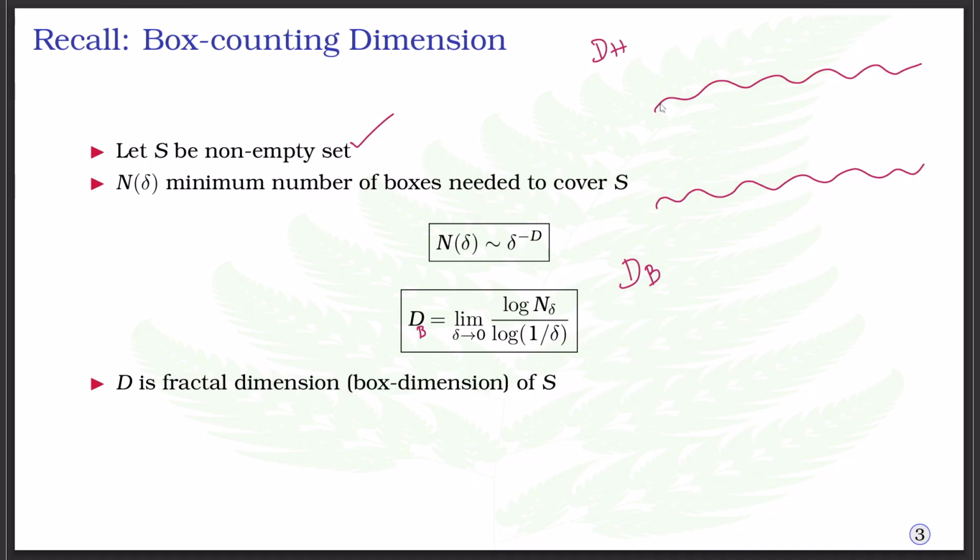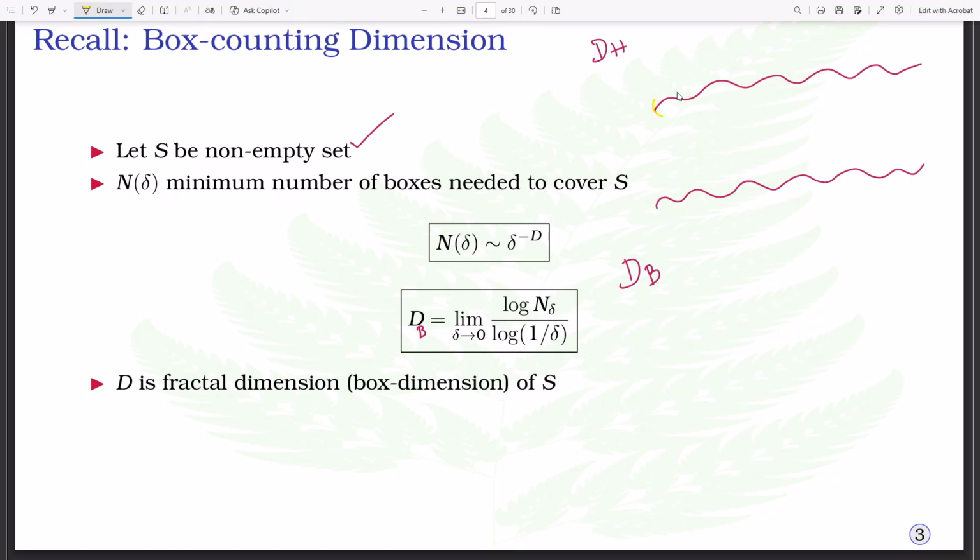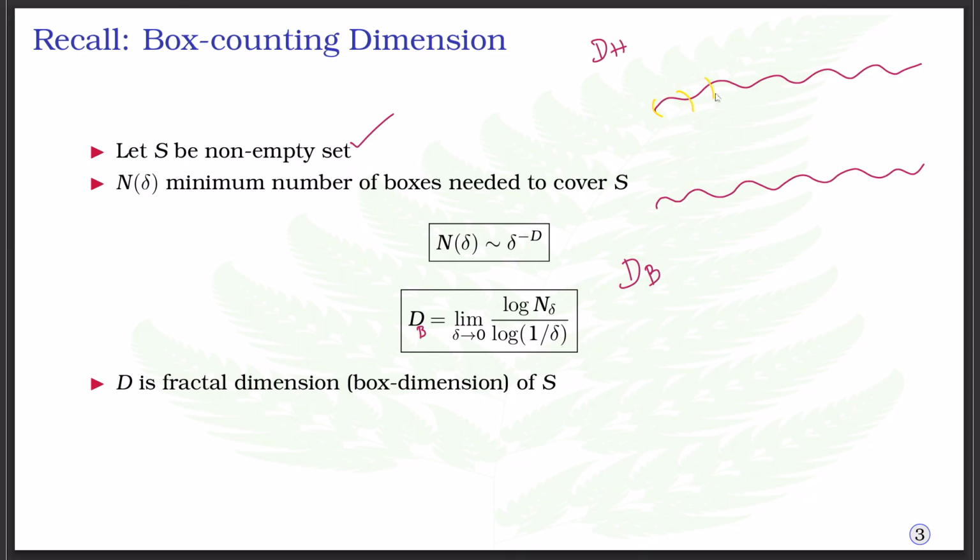Now here there are two types of decomposition. We decompose or separate or partition the set into two types. Here we are separating this set by this type of covering, like this type of covering.